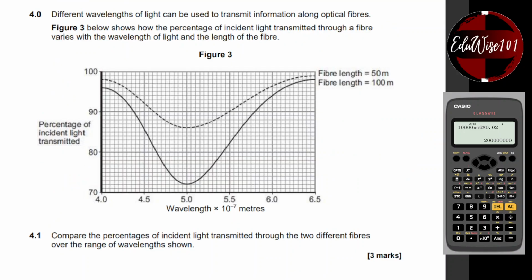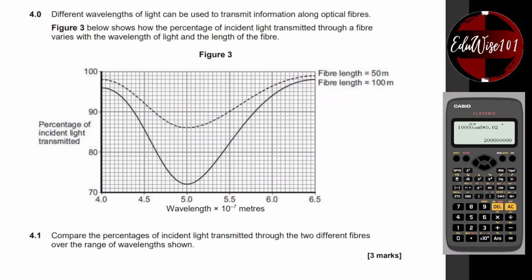Question number 4. Different wavelengths of light can be used to transmit information along optical fibers. Figure 3 below shows how the percentage of incident light transmitted through a fiber varies with the wavelength of light and the length of the fiber.